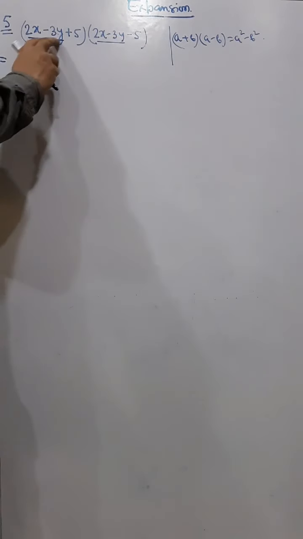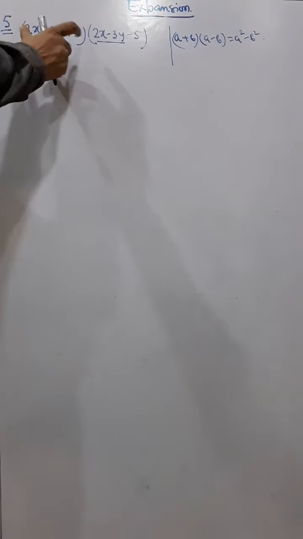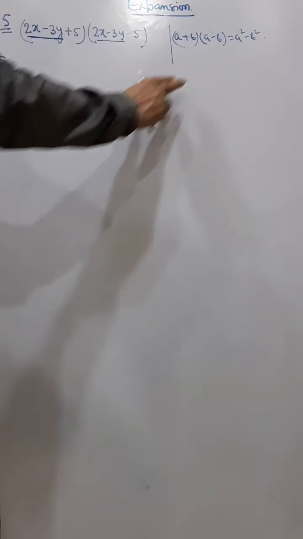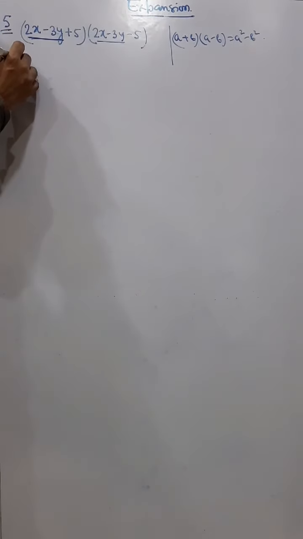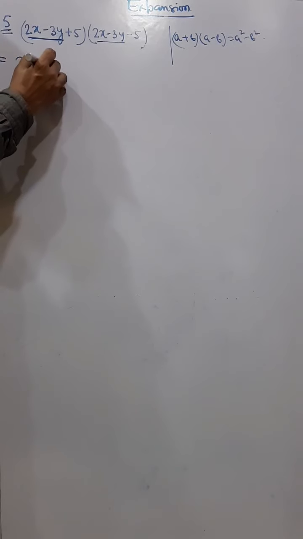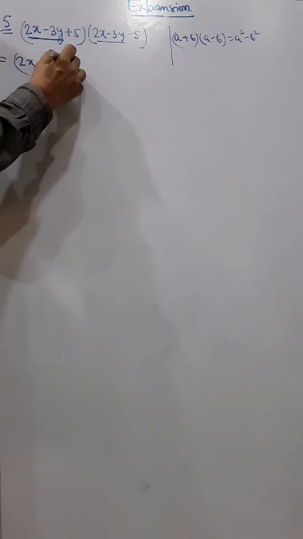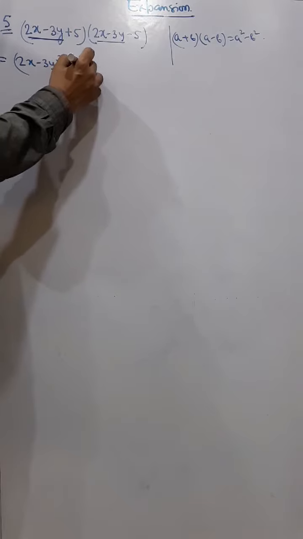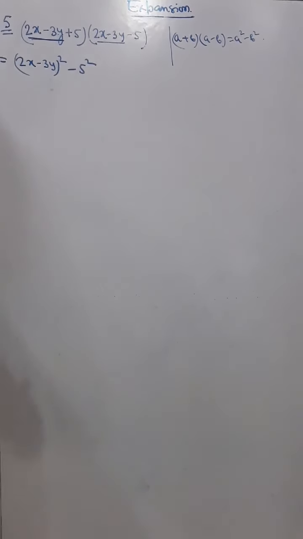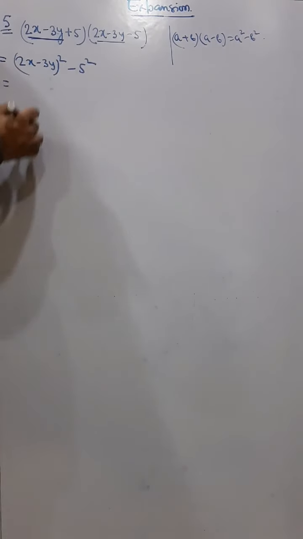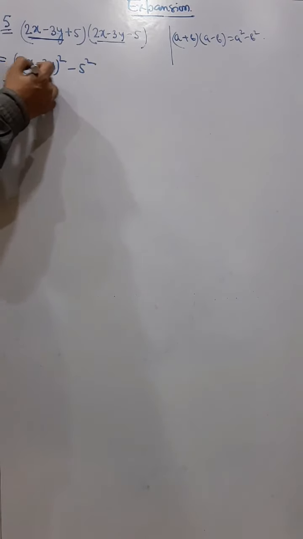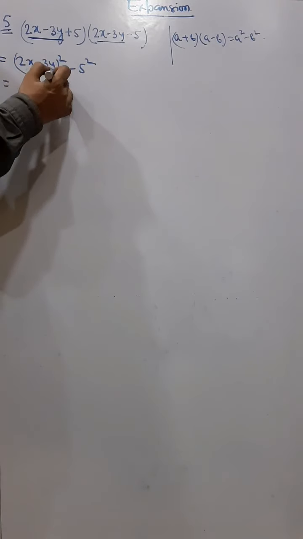So we'll just divide the given terms in the form of a plus b and a minus b, and then directly we can say it is a square minus b square, and then we'll simply solve this, a minus b whole square.